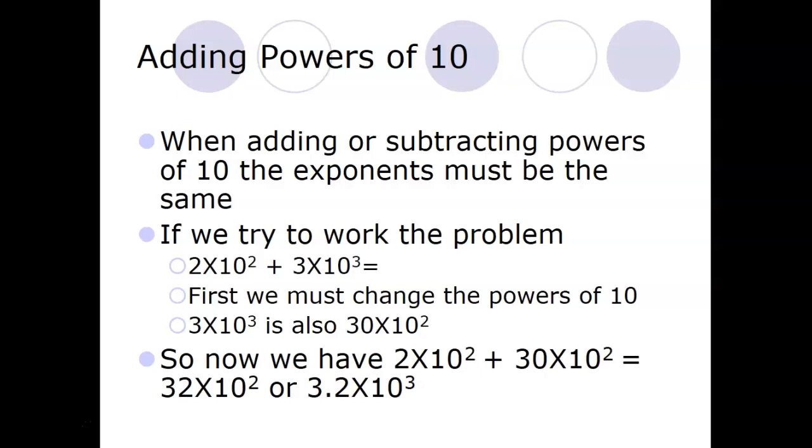Because I could still have 3 times 10 to the third. How do I get to the third? 1, 2, 3. I end up with 0.2 times 10 to the third.